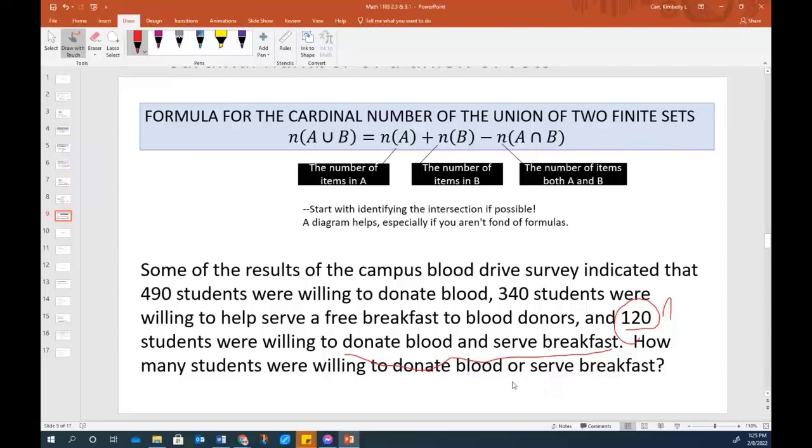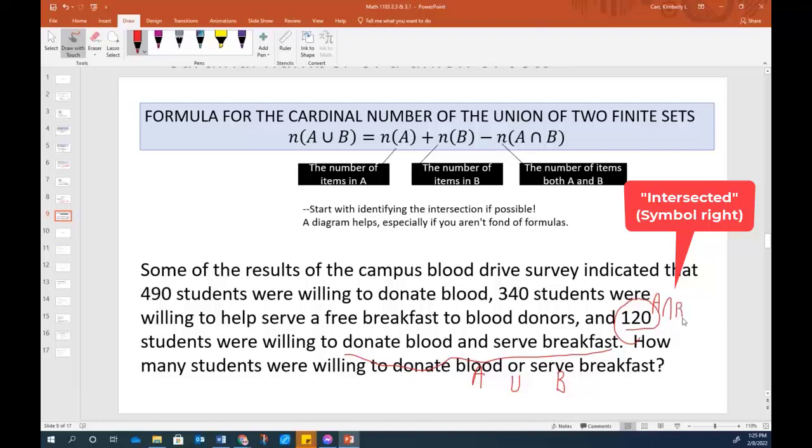Okay, or has to do with they're in the first one or the second one. So I'm going to call donating blood A, serving breakfast B. So 120 were willing to do both of it. So 120 is A unioned with B's cardinality.